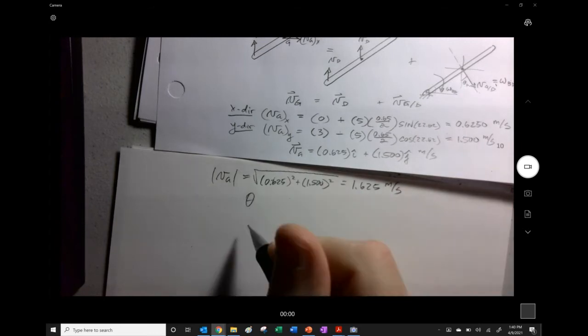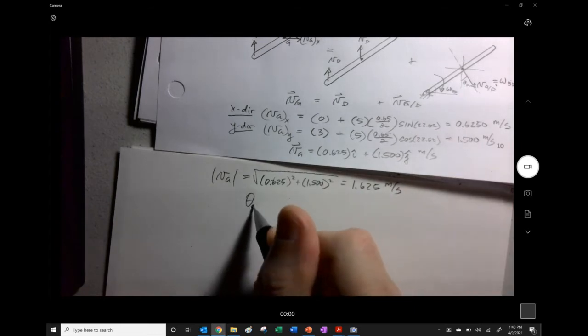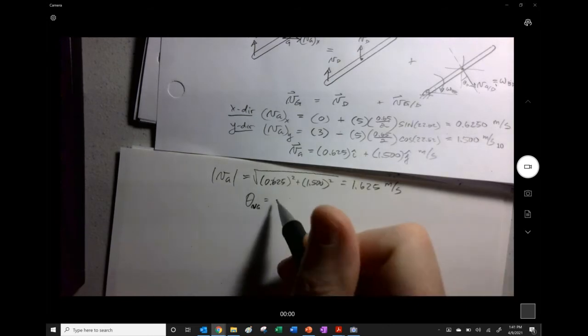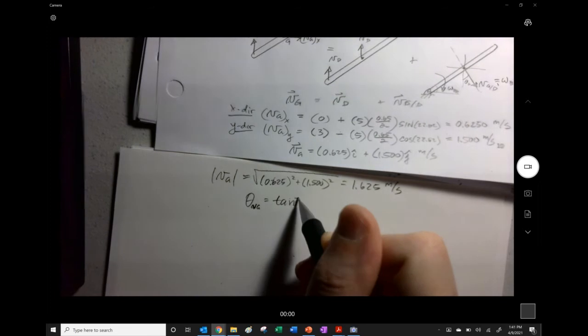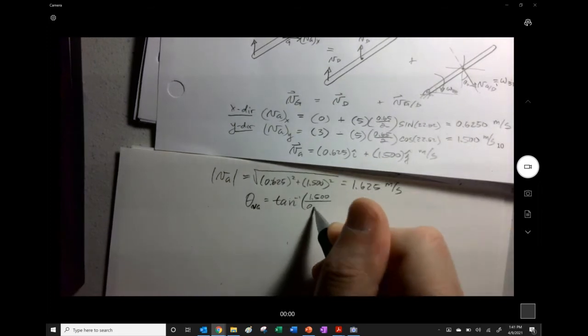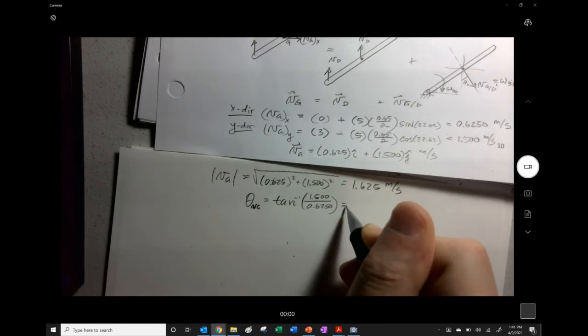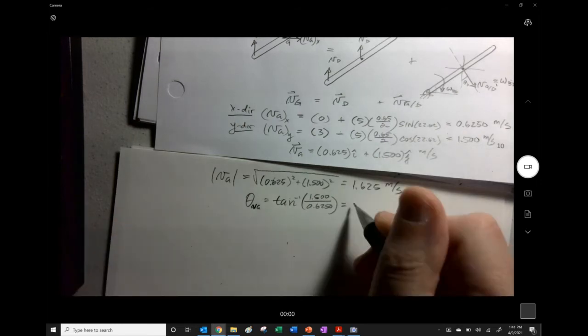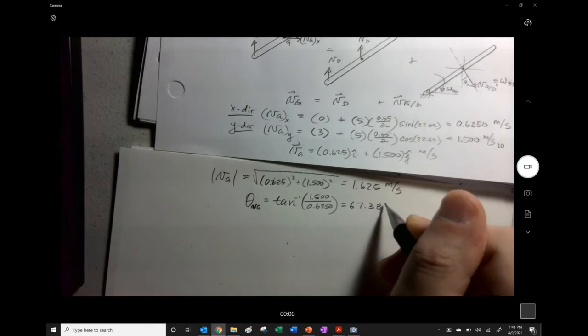And maybe the theta of my, sometimes I'll write VG, is the angle of the thing. I don't know, give it some name. So it's going upwards at 1.5 and horizontally at 0.625. So arctan of 1.5 over 0.625, I did that wrong, 1.5 over 0.625, yes, 67.38 degrees.